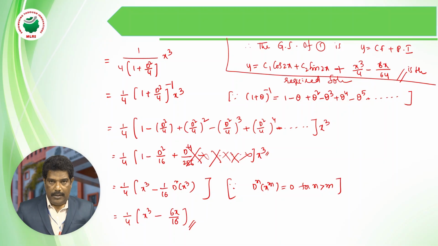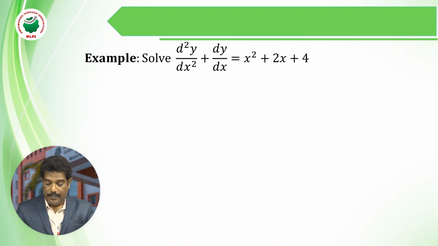In the same way, let's discuss one more example. It is also a second order differential equation. And in the right side, we have x square plus 2x plus 4, a polynomial function of degree 2. Let's see how to find a solution. As we already know, the general solution for this equation is y equals CF plus PI.